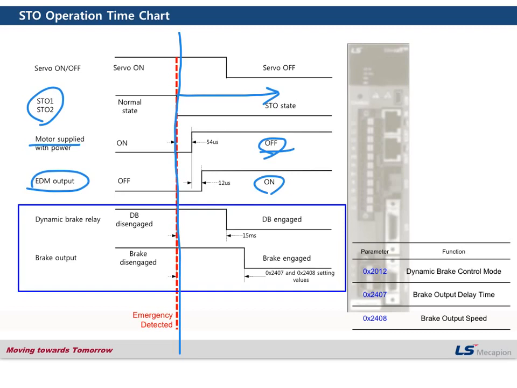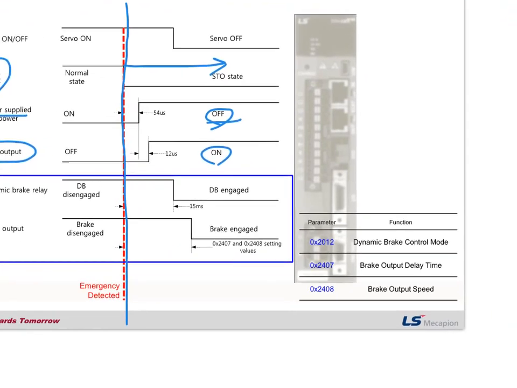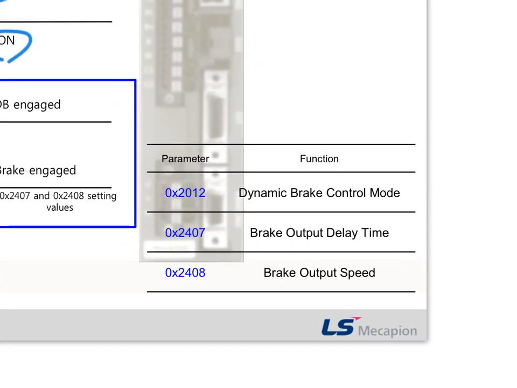And regarding the dynamic brake, you need to set some parameters like this: 2012, 2407, 2408. They are related to how to activate the brake and when the brake should operate.